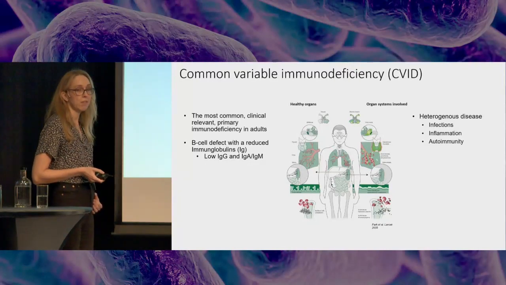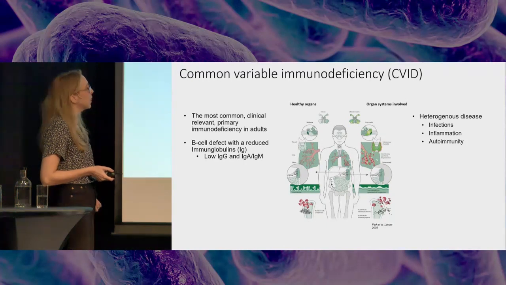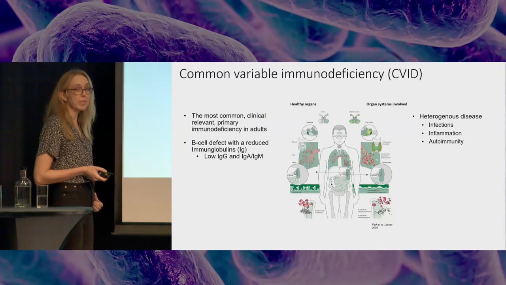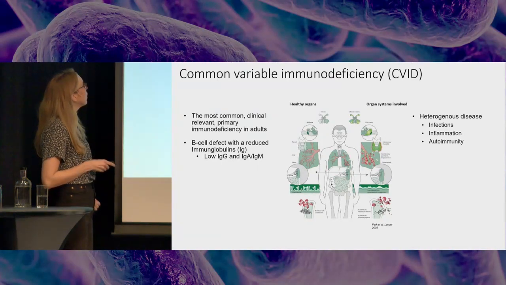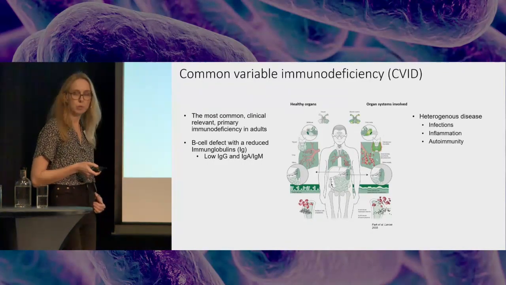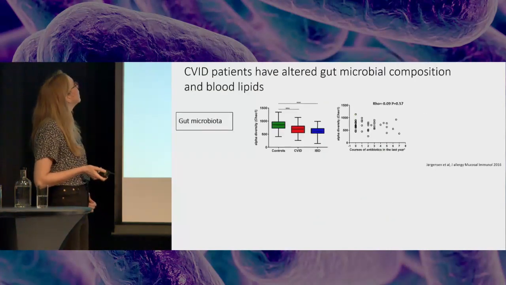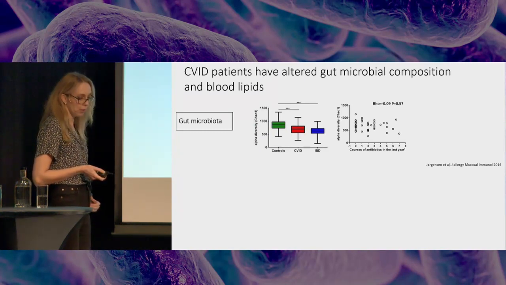Almost all the patients have infections in the upper and lower respiratory tract, but also 70–80% of the patients have inflammation and autoimmunity. That can affect both the gut or the lungs, or you can get thrombocytopenia. So this is an interesting disease model because you have both immunodeficiency and inflammation. Previously, we have shown that CVID patients have an altered gut microbial profile.